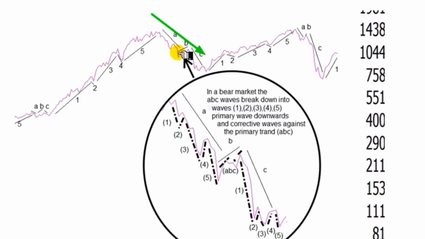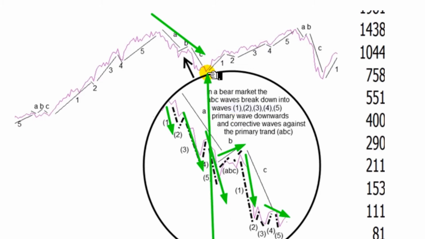So you can see the zoom in here, the 1, 2, 3, 4, 5, a small correction here, A, B, C, and then another impulse wave, 1, 2, 3, 4, 5, signaling the bottom of the 2003 bear market right here. Then we start a primary up move again. At the time, 1, 2, 3, 4, 5, and then your A, B, C in 2009, ready for the start-up of the next bull market.